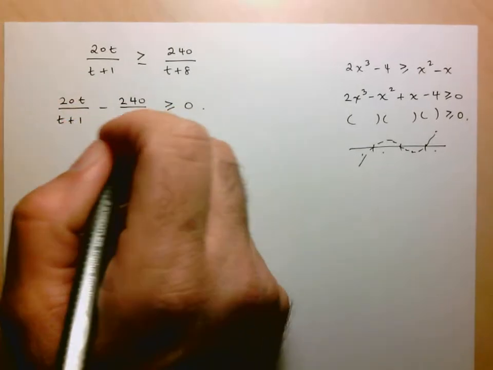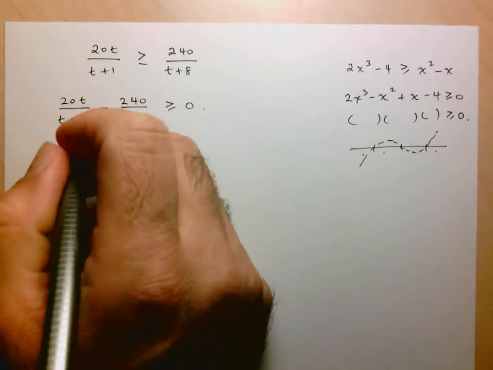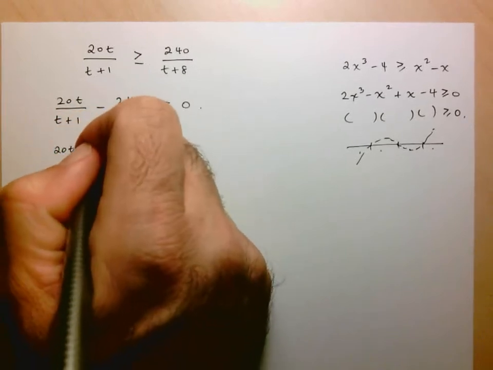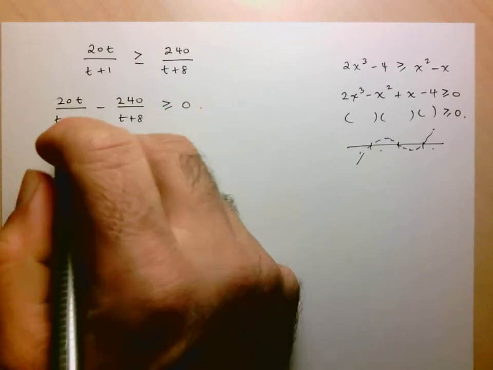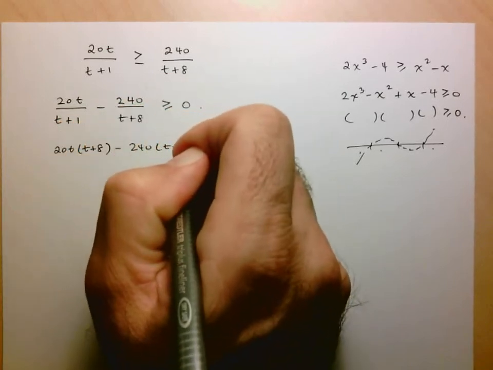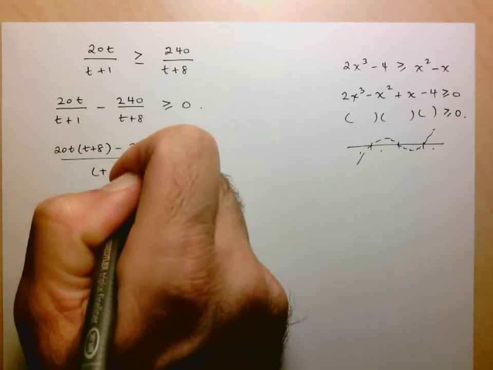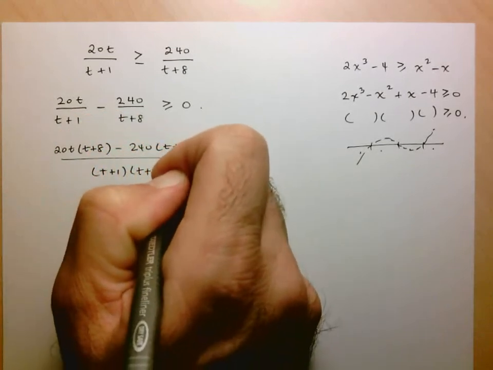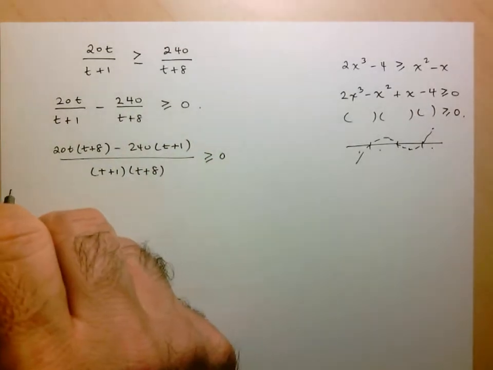Here we have to subtract these using common denominators. So here we have 20t times, well, we're missing the t plus 8, so t plus 8, minus 240 times, here we're missing the t plus 1, so multiply 240 by t plus 1, all over our common denominator. Now we simplify this. What do we have?